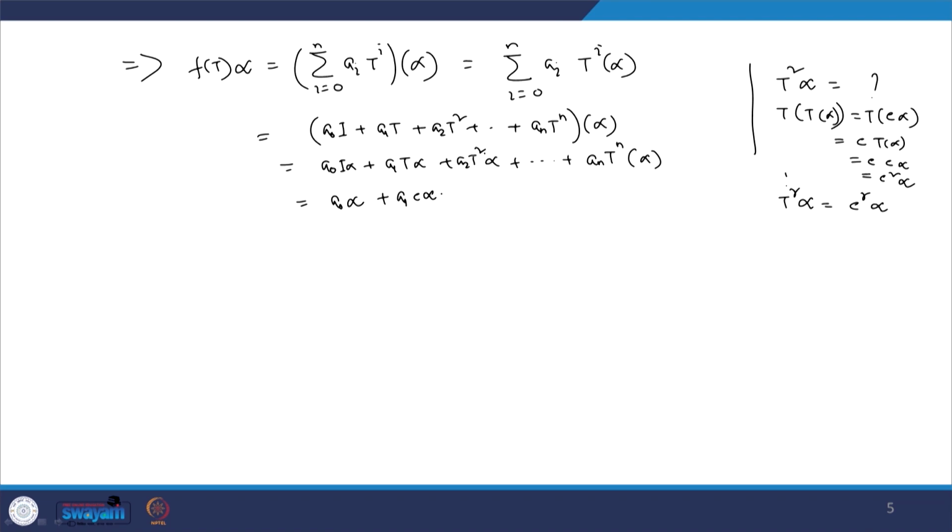So, I will have here a2 C square alpha plus ... plus an C to the power n alpha. So, we are getting a0 plus a1 C plus a2 C square plus ... plus an C to the power n, into alpha. This is nothing but f(C) into alpha, please. So, f(T) operating on alpha gives me f(C) into alpha, please.